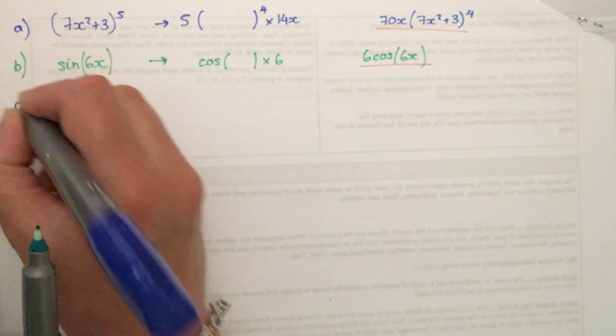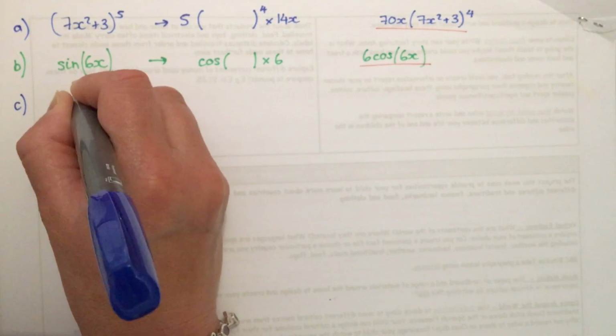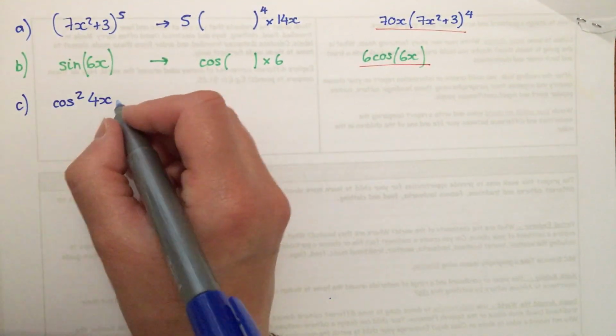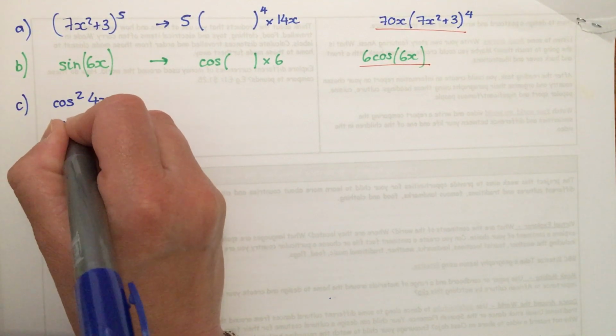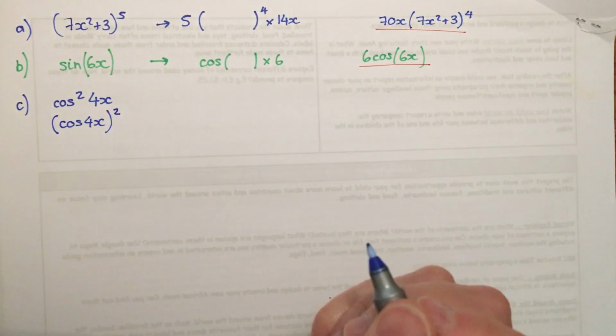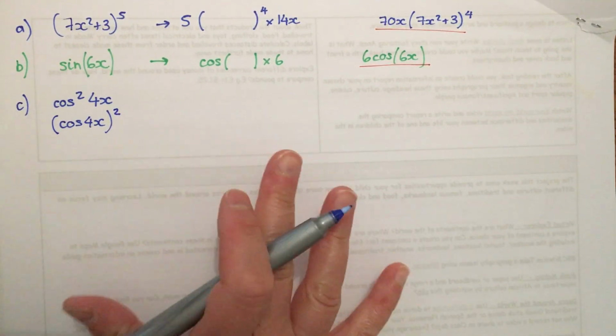Part C is cos squared 4x. So remember, when I think of cos squared 4x, what that actually means is (cos 4x) squared. Okay, so that helps you identify which is the first function.